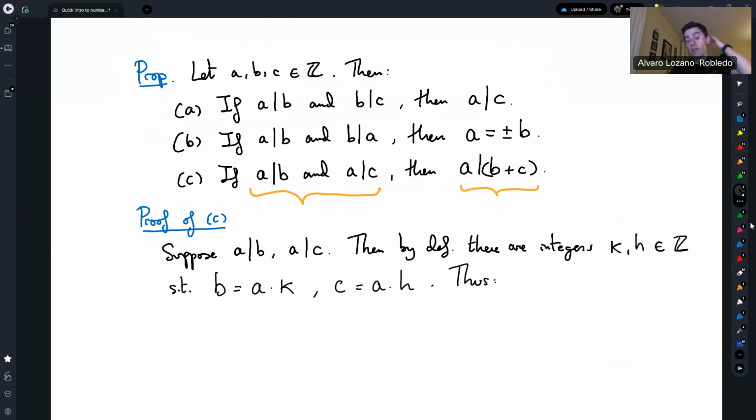I'm trying to prove that B plus C is a multiple of A. So I'm trying to write B plus C as A times something. Let's start with B plus C and see what we get.